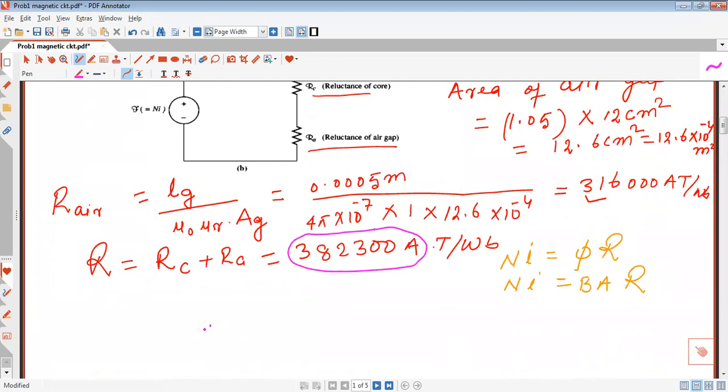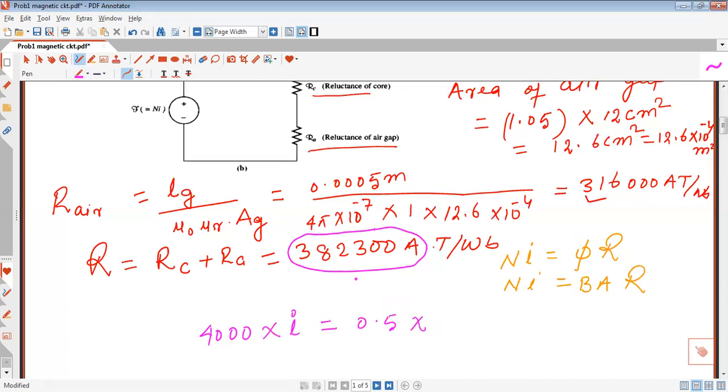So the number of turns is 4000, multiplied by current I, equals B, which is 0.5, times the area. This flux is in the air gap, so we have to use the area of the air gap, not the area of the core.